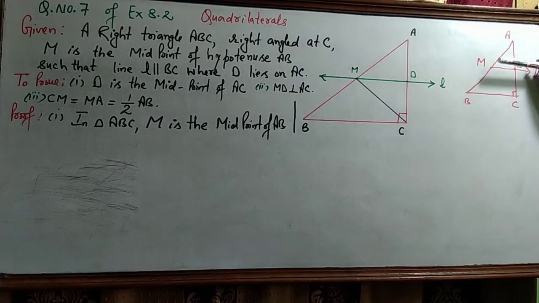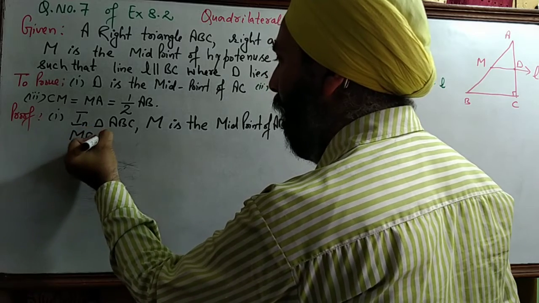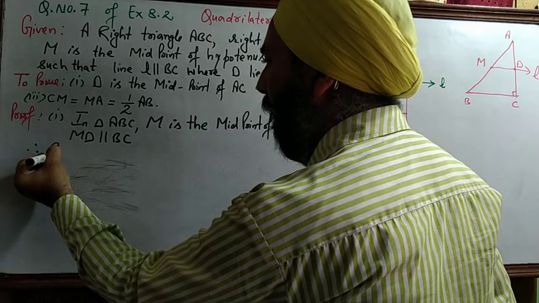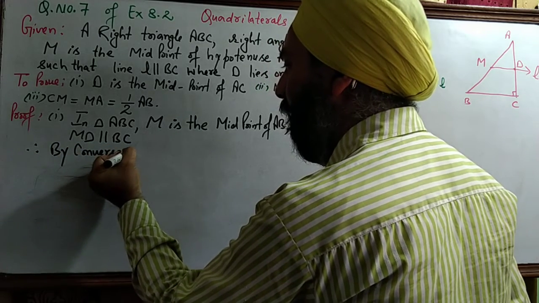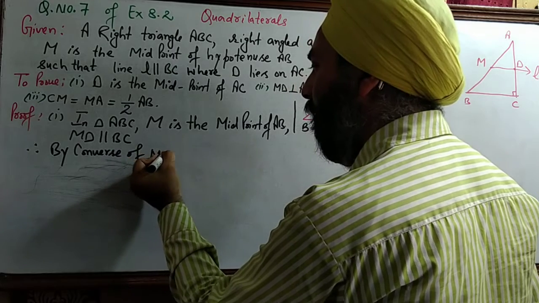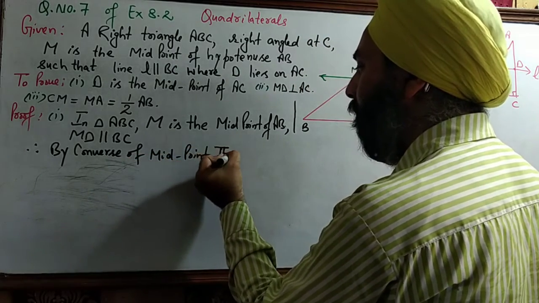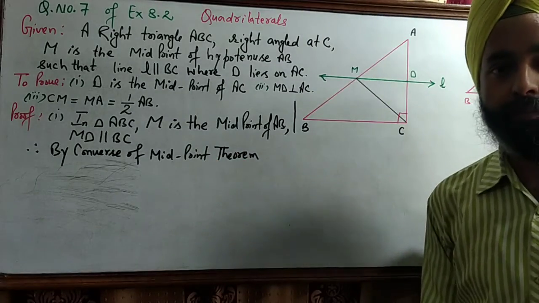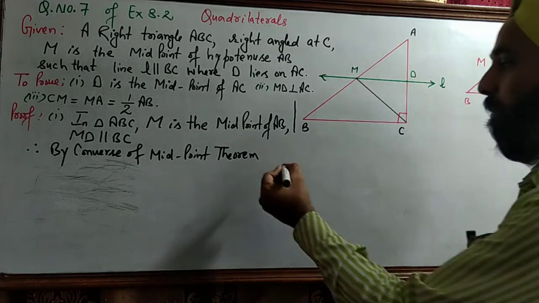Then MD is parallel to BC. We are putting a comma. MD is parallel to BC. Therefore, by converse of midpoint theorem, D is the midpoint of AC.